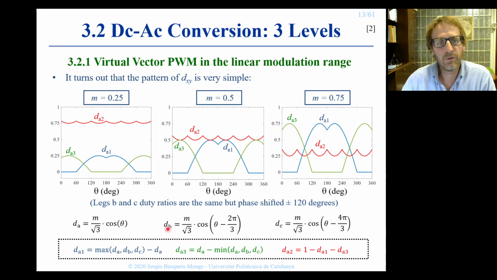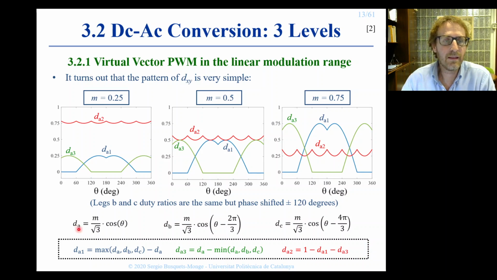These are sinusoidal functions, phase shifted plus and minus 120 degrees. And then from these values, we can compute directly dA1 as the maximum of dA, dB, dC minus dA. dA3 can be computed as dA minus the minimum of dA, dB, and dC. And dA2 can be obtained simply as 1 minus dA1 minus dA3.